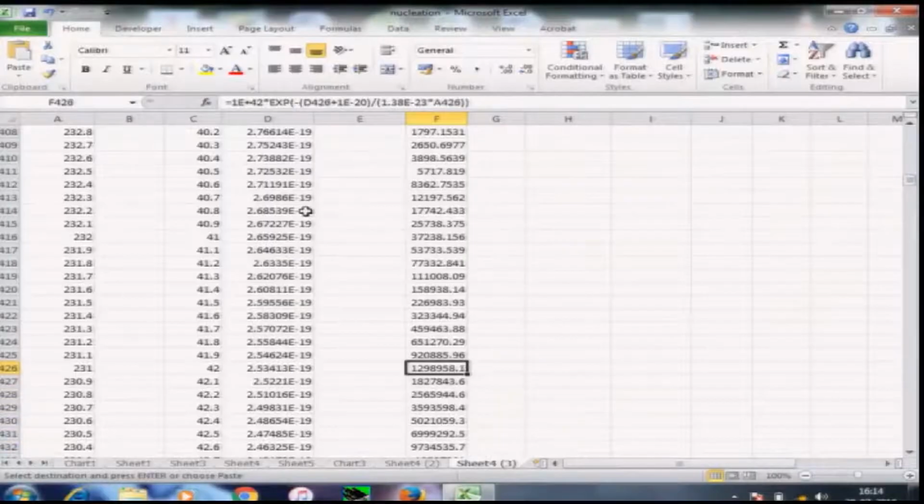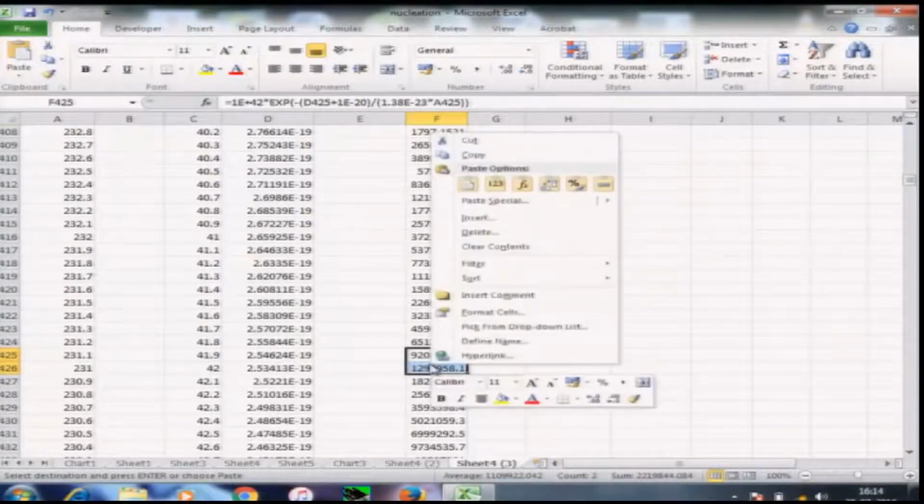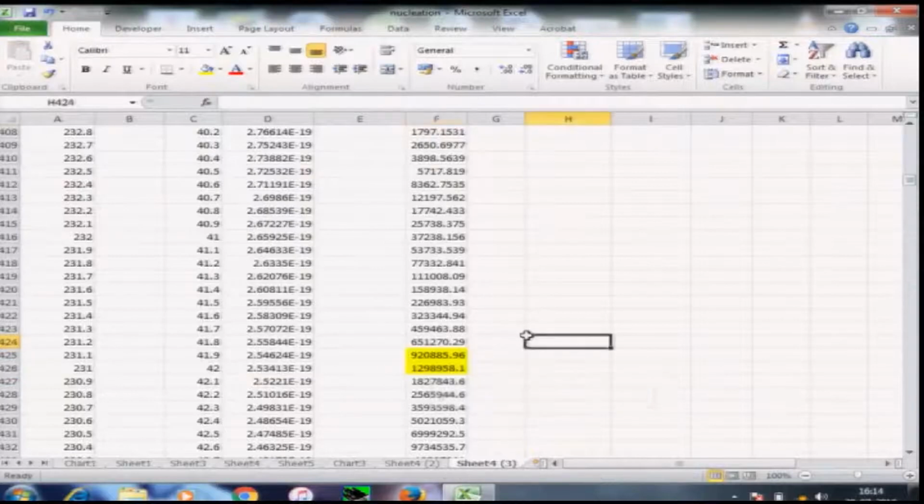Around here, if I highlight these two values, between 41.9 and 42 lies exactly 10 to power 6 per meter cube per second as the nucleation rate. And in fact, that is what we had calculated in the last lecture: the critical undercooling, to obtain the critical nucleation rate of 10 to power 6 per meter cube per second, to be 41.9.